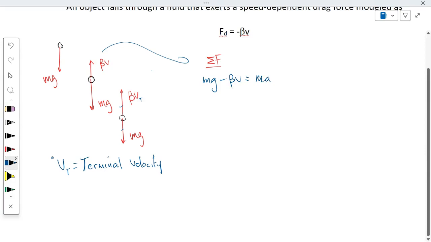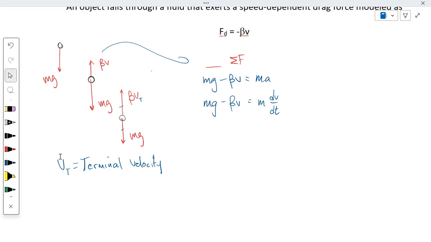In these types of situations, if we write a as its definition, the instantaneous rate of change of velocity, we have a rate of change of velocity that's dependent on the velocity. So this is the differential equation that we're going to have to solve.